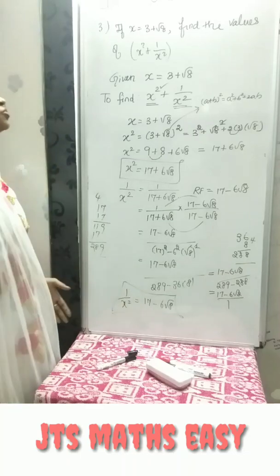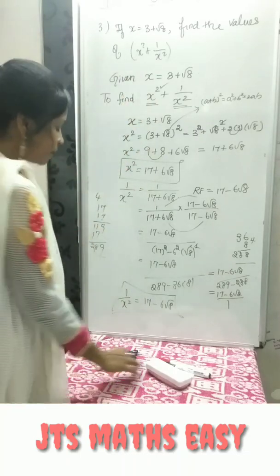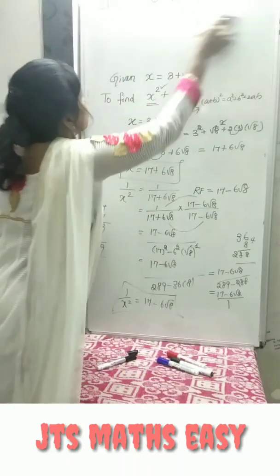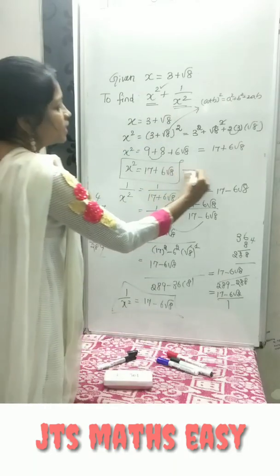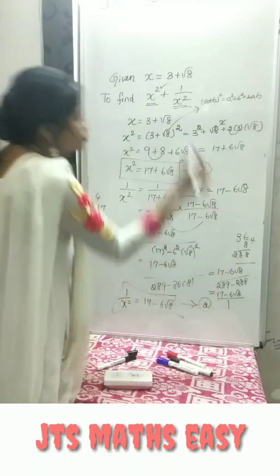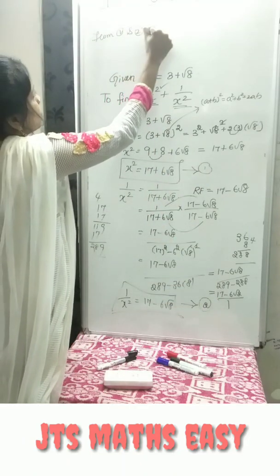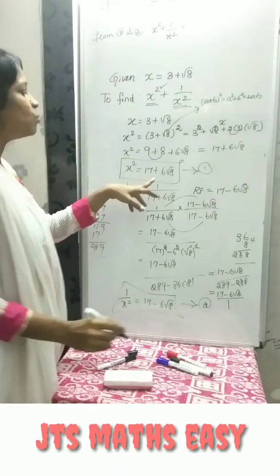But our answer is not yet complete, because you have to find x square plus 1 by x square. Which means we want to add both the values. Take this as 1 and this as 2. From 1 and 2 we want to find x square plus 1 by x square, so add both the values.